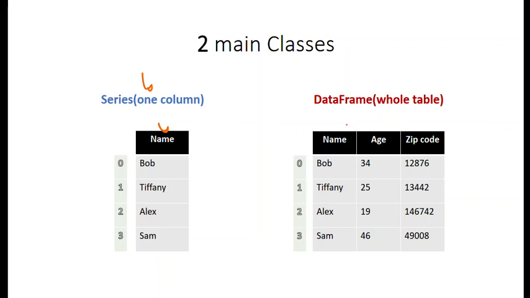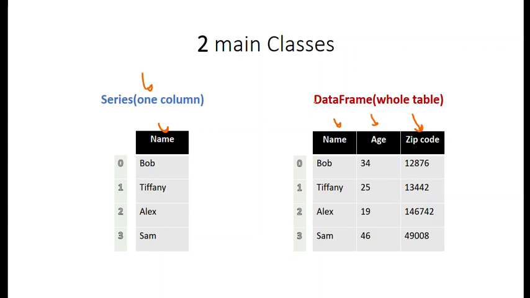A DataFrame, on the other hand, consists of multiple columns, or simply multiple Series, since a Series represents one column, right? So a DataFrame could be this table consisting of these 3 columns: the name column, age column, and zip code. Now, how many rows do we have in this table? 0, 1, 2, we have 4 rows with the indices 0, 1, 2, and 3.